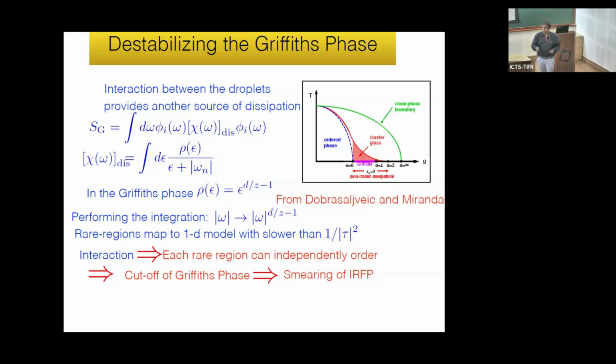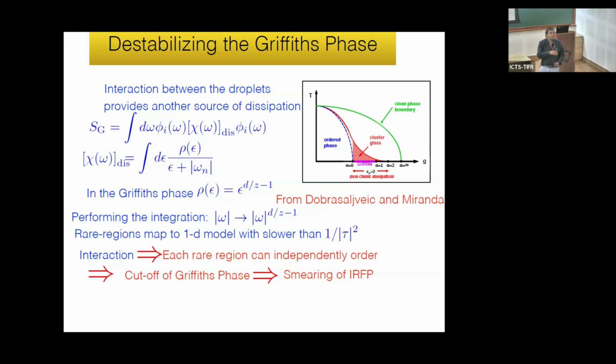Because of the long-range interaction, these fluctuating phases now see an additional dissipative environment. This additional dissipative environment is good enough for the infinite chain, which comes because you're in the quantum system, to phase lock. So each individual rare region now starts phase locking. That means they get ordered by themselves.